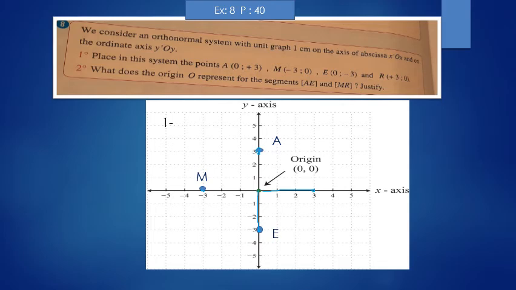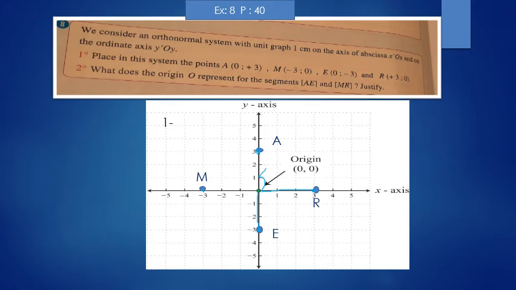Okay, we said this note before. Any point that has 0 abscissa belongs to the y-axis. Any point that has 0 ordinate belongs to the x-axis. This is point R. Now, what does origin O represent for the segments AE and MR? The distance from O to A is 3 centimeters.